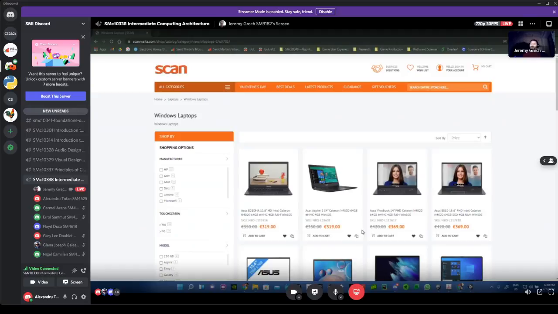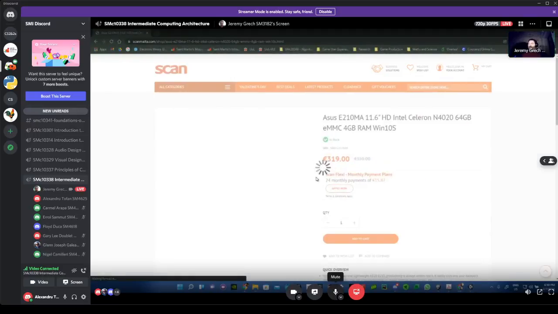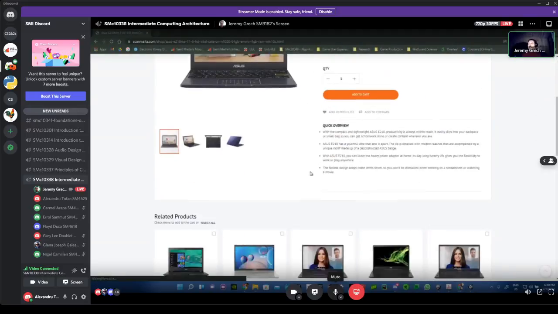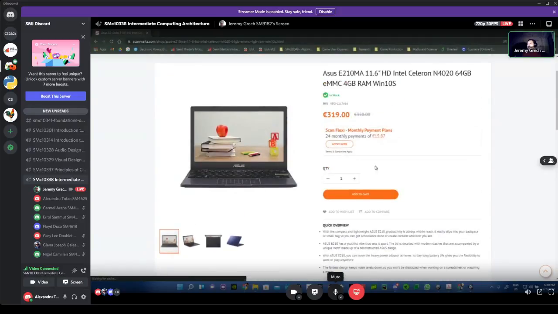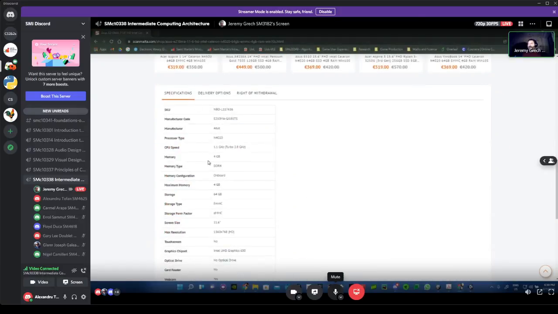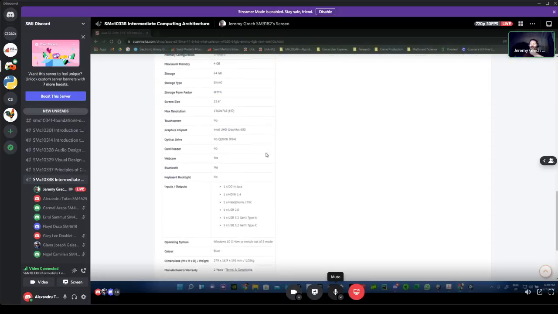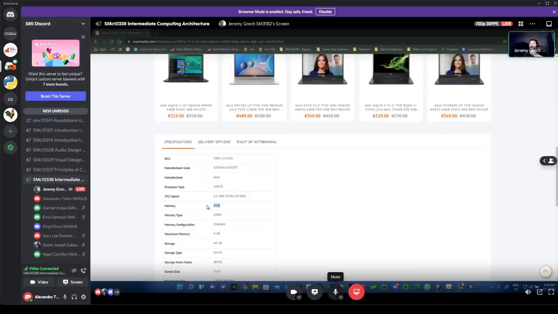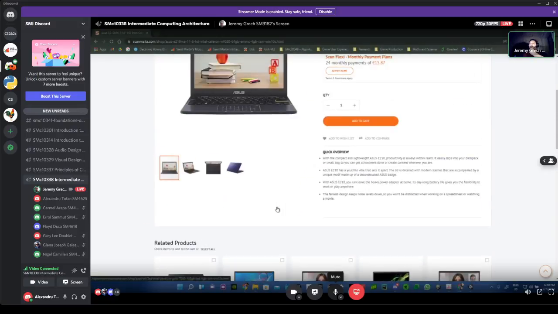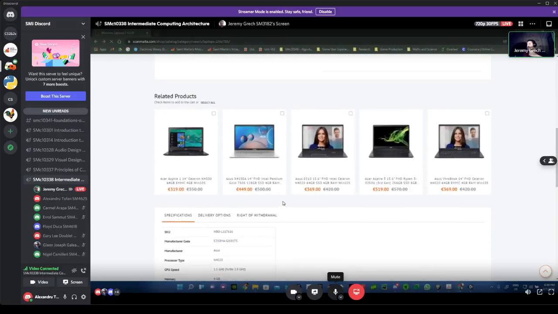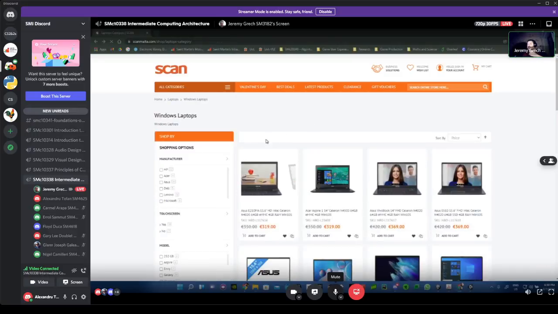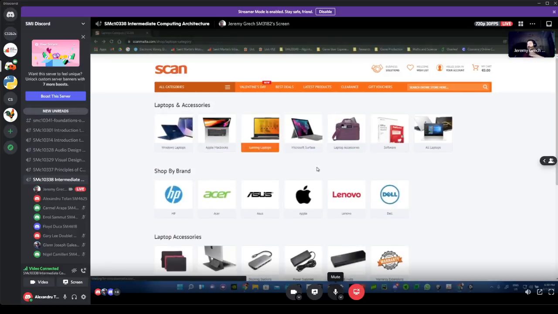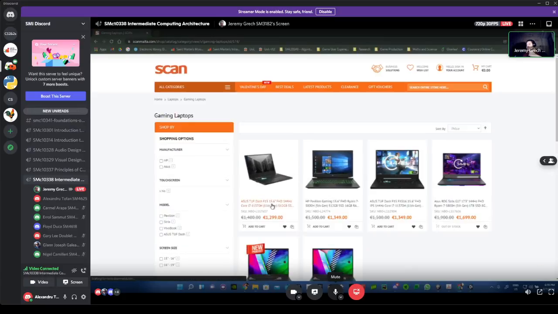Choose this one. If we take a look at the specs, you can see over here that your CPU speed is 1.1 gigahertz. But the RAM might actually be a bit slower. This doesn't actually tell you. Probably gaming laptops have this information a bit better.